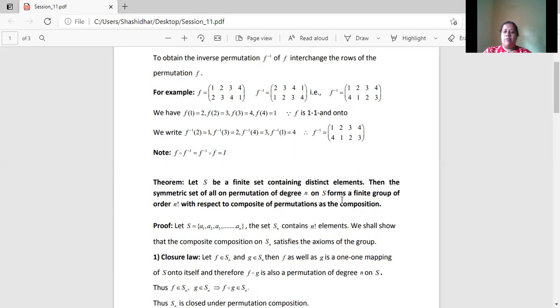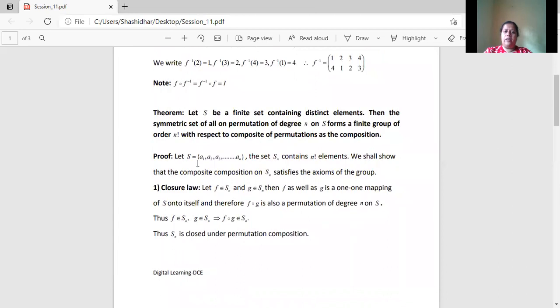Therefore, in the same way here, we have to show that this finite set S with the composite permutation will form a group. That means again we have to verify all the four axioms. So in the proof, let S equal A1, A2, A3 and so on up to An.